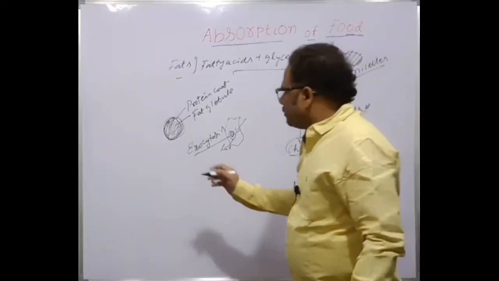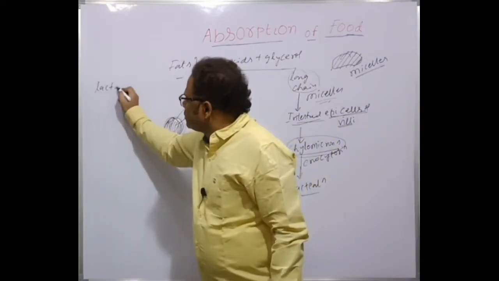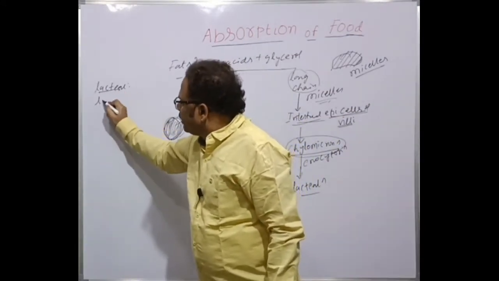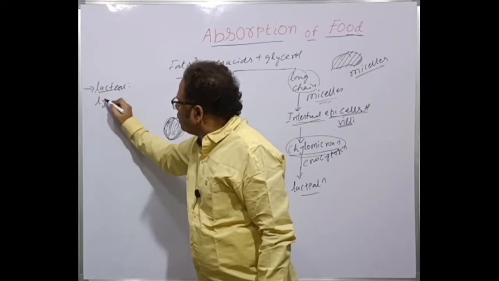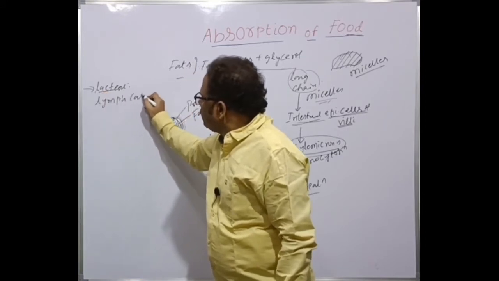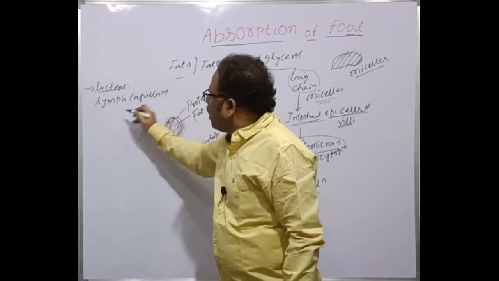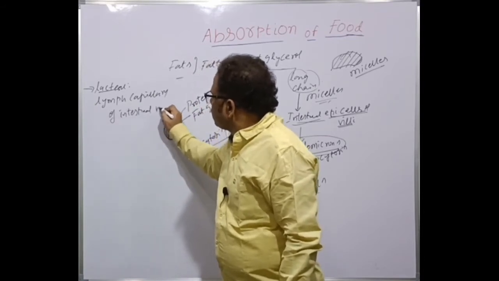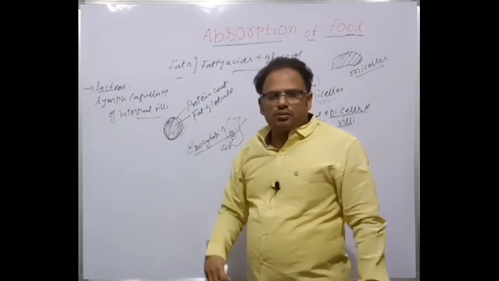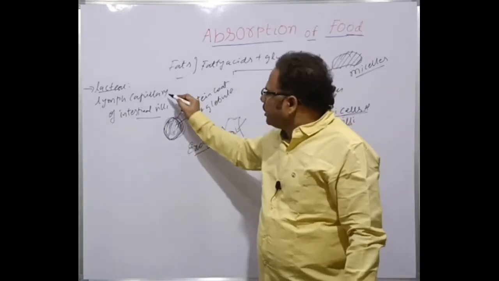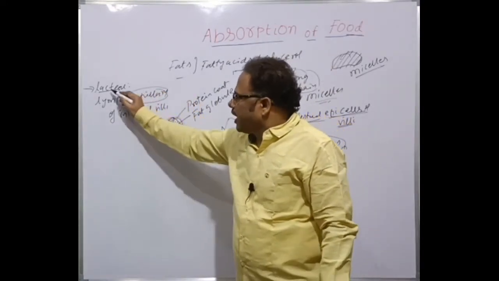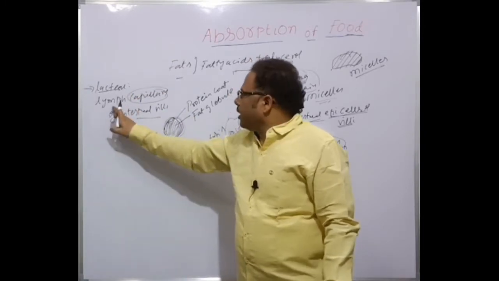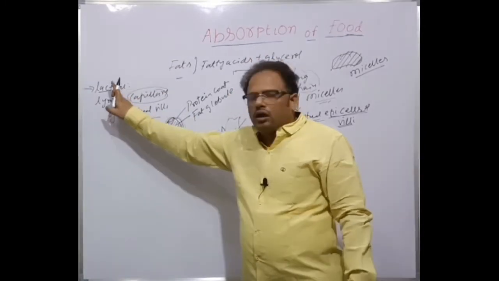What is a lacteal? A lacteal is the lymph capillary of the intestinal villi. The intestinal villi are finger-shaped structures, inside which there is a very large lymph capillary called a lacteal.